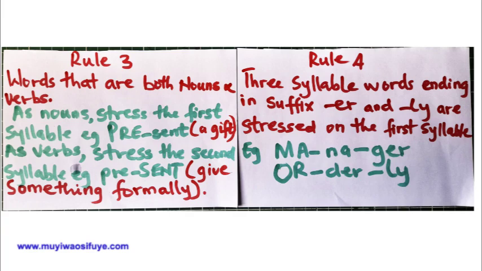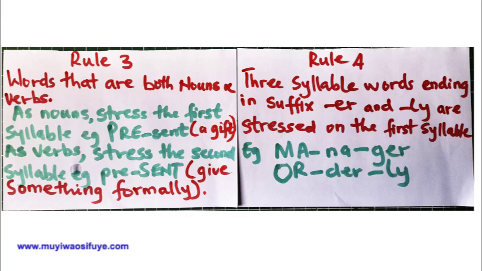As a noun, the stress is on the first syllable. Present, a gift. Then as a verb, the stress is on the second syllable. Present, that is to give something formally. That is Rule 3 of the word stress.